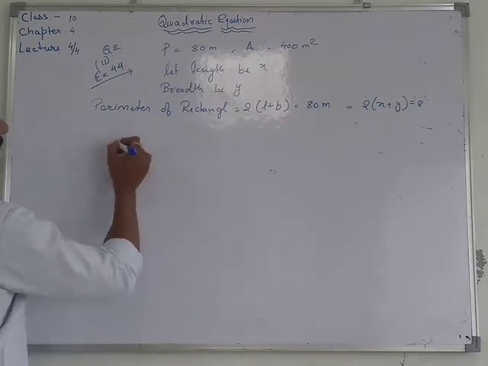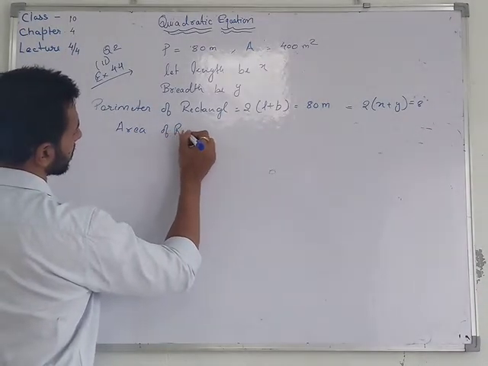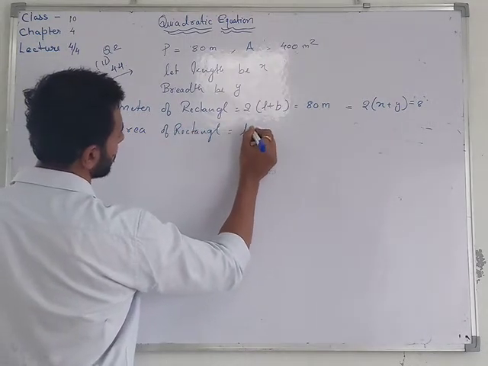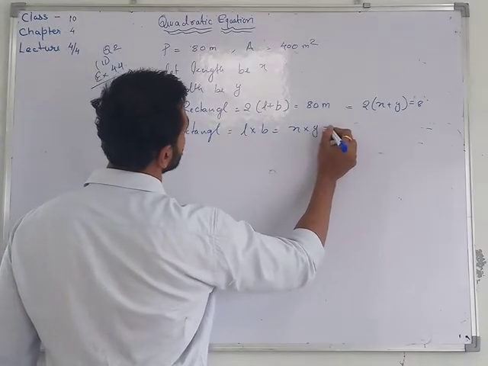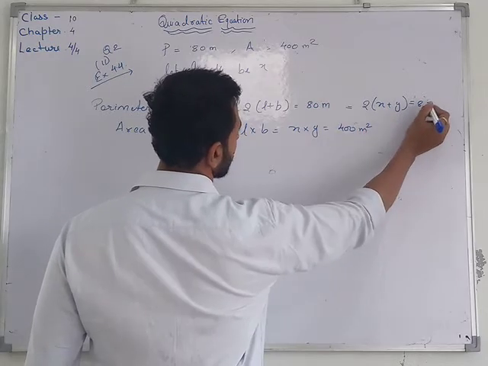Second equation is given area of rectangle. Area of rectangle will be length into breadth, so this will be x into y is equal to 400 meter square.